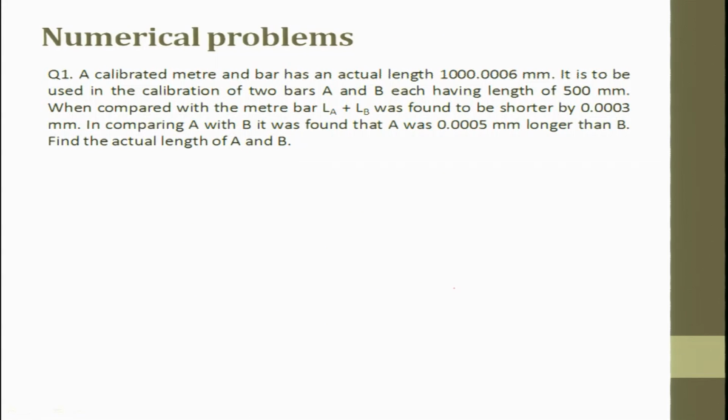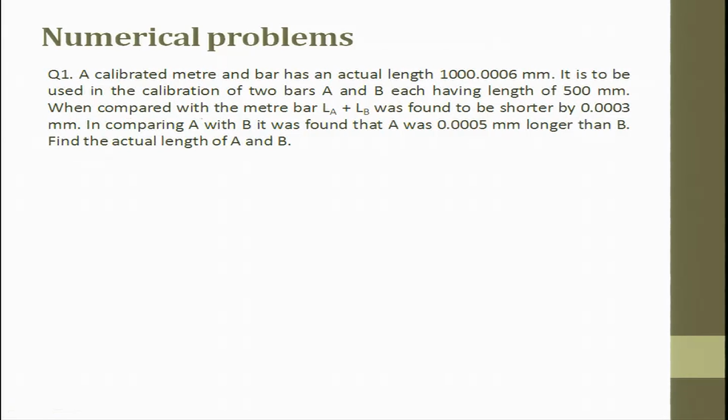Now let us look at a problem statement, and we will work with two problems. The first problem is: a calibrated meter bar has an actual length of 1000.0006 millimeter. It is to be used in the calibration of two bars A and B, each having a length of 500 millimeters.